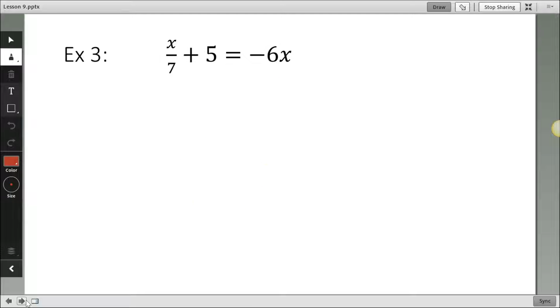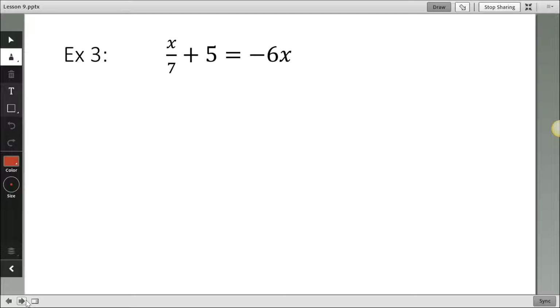All right, next example. This time we have a fraction. If you review the lesson again, you'll see that when you have fractions, you were shown a method. I'm going to show you that method again. Anytime you have fractions, I know everybody would prefer not to work with fractions, or most people would. I don't care if there's a fraction or not, but I'm going to show you how to cancel out fractions first.